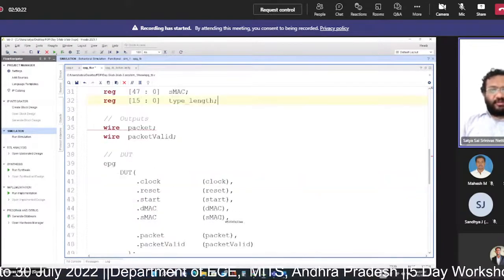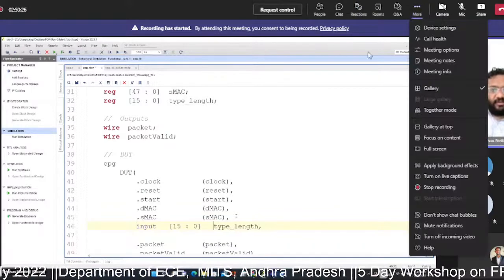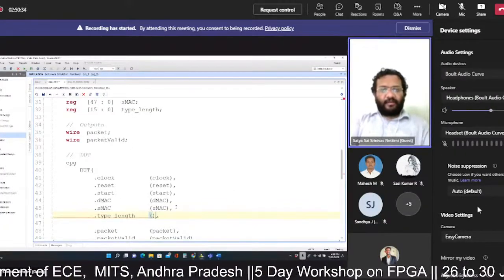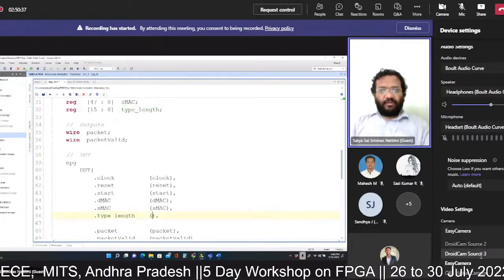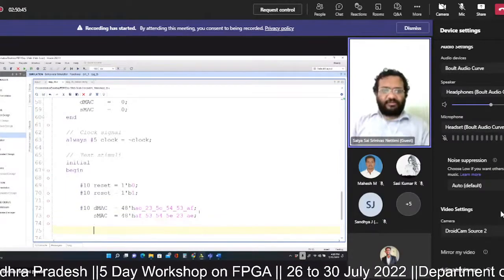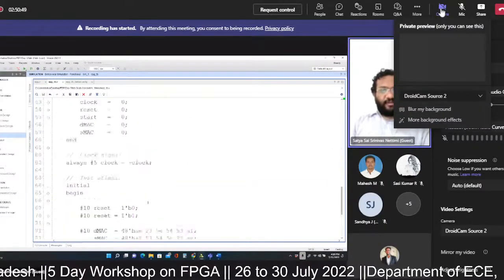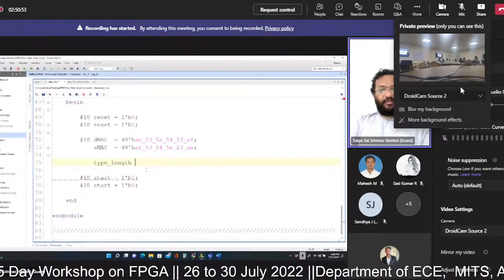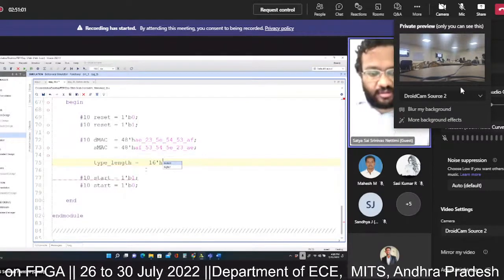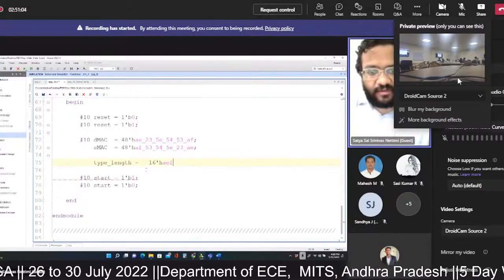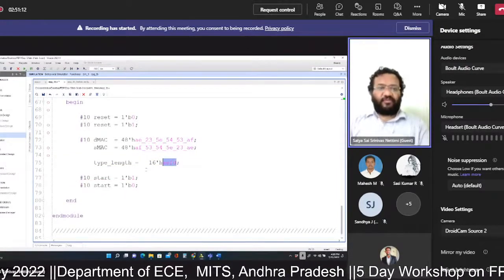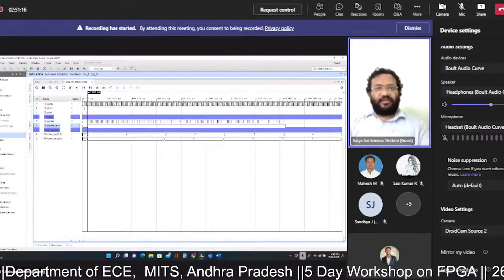And here, instantiate type length and connect it, along with destination MAC and source MAC at the same time. Now I can safely run the simulation.